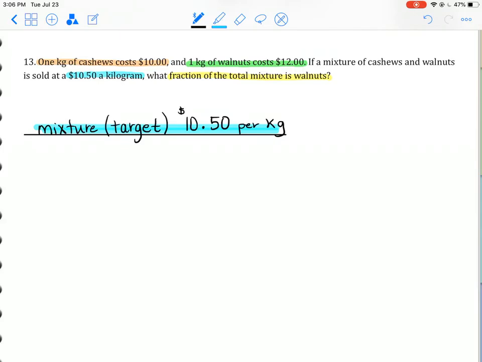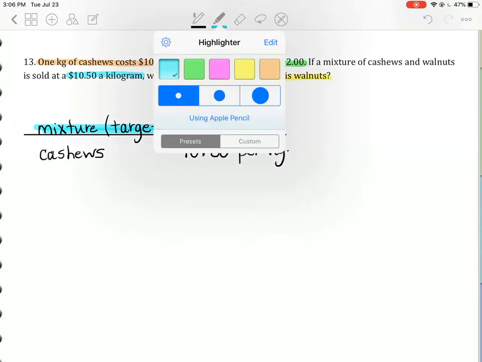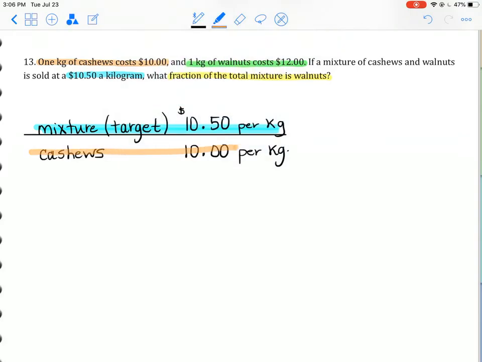So let's take a look at the cashews. The cashews are $10 per kilogram. This is the orange piece of information.